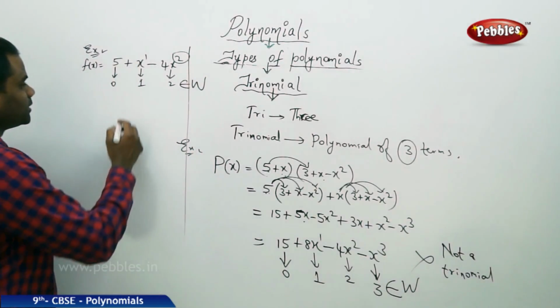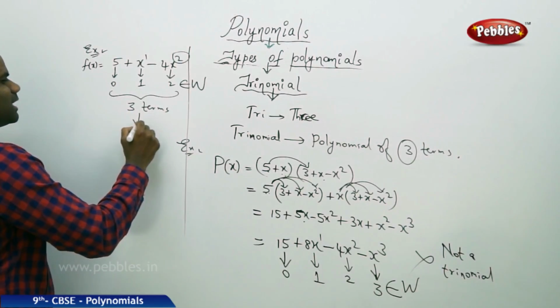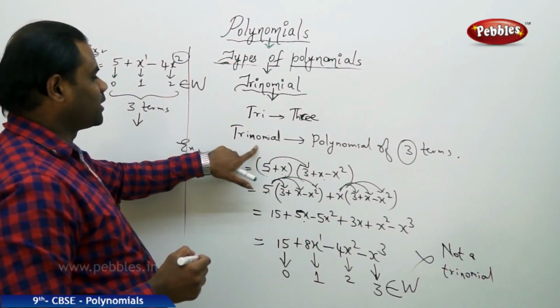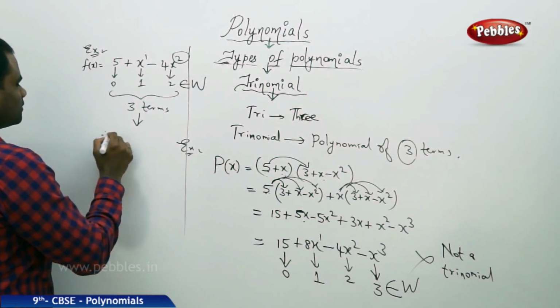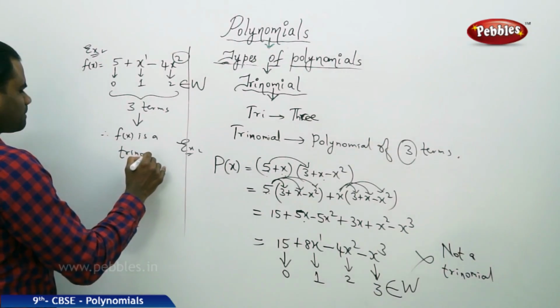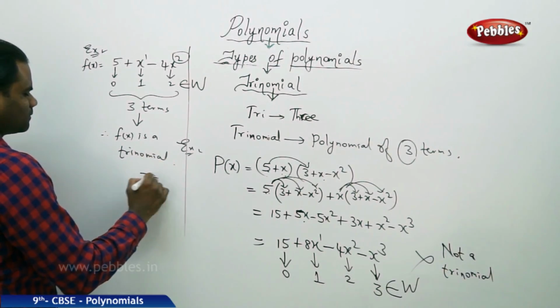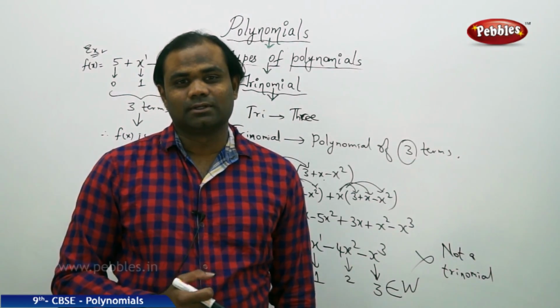Therefore, it has 3 terms, and since it has 3 terms, it's a trinomial, a polynomial of 3 terms. Therefore, f of x is a trinomial. That is how we conclude.